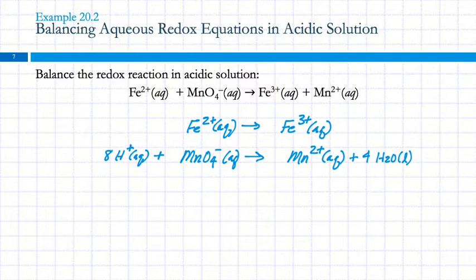From the acidic solution. Yes, I added water over here, and that fixed the oxygens, but it introduced hydrogen, and then I have to balance the hydrogen, and so I do that by adding H+. Which seems a little bit like I'm pulling things out of the air, but I'm actually pulling them out of the solution.